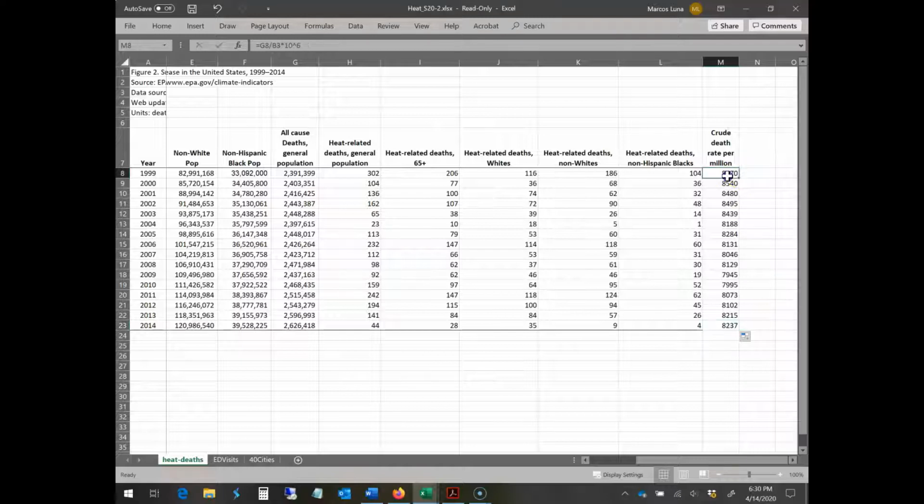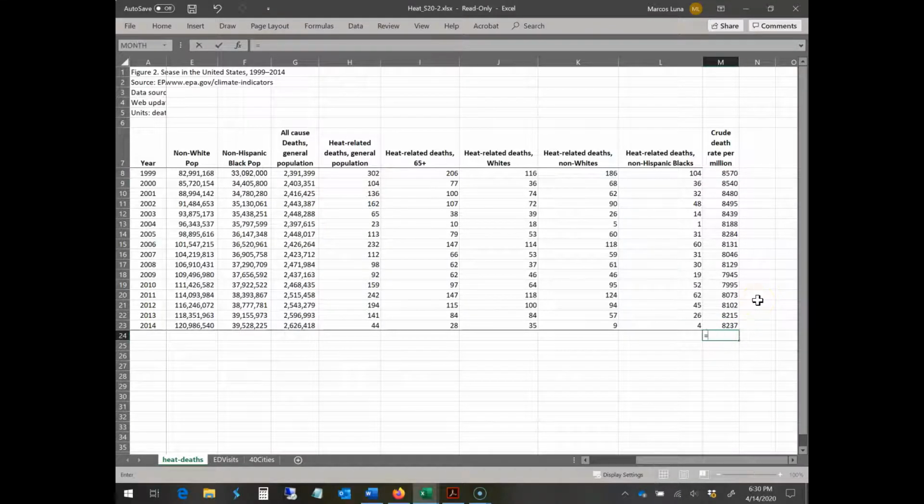Now, each death rate is actually computed for that specific year. And so that's important. If you wanted to know what the crude death rate was for that time period, the period between 1999 and 2014, you have to do it in a very specific way. You could take the average of all these numbers, but that's actually going to be misleading, right? Now, I can obviously compute that.